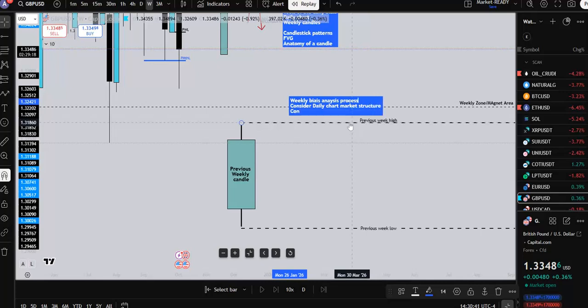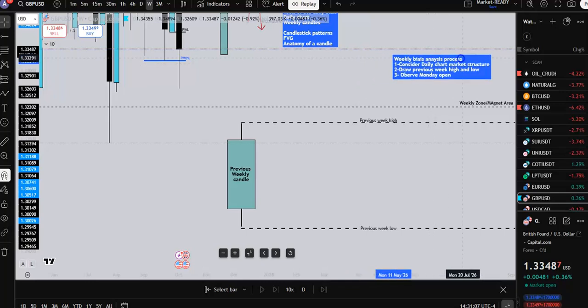Two, draw the previous week high and low. Three, observe Monday open.